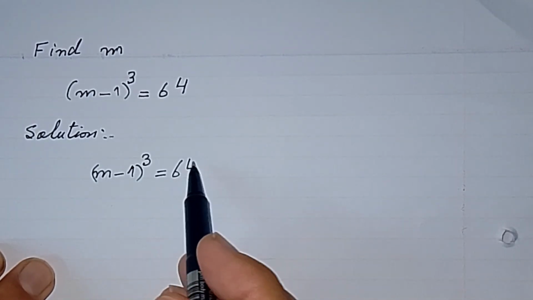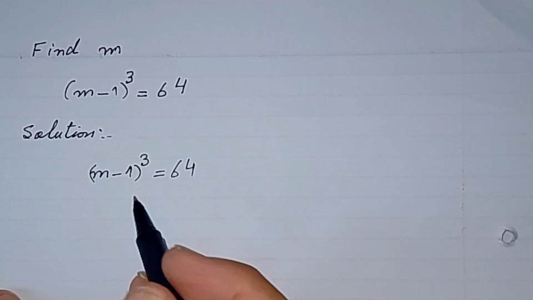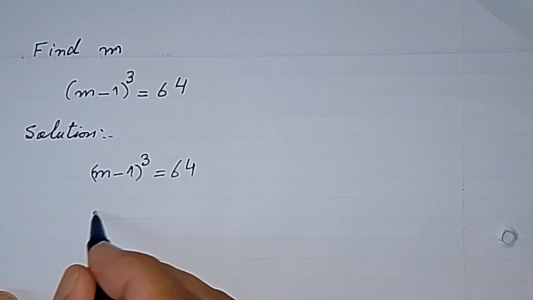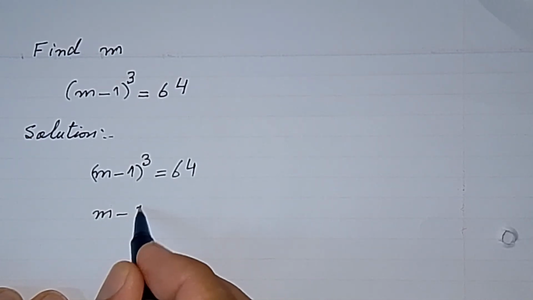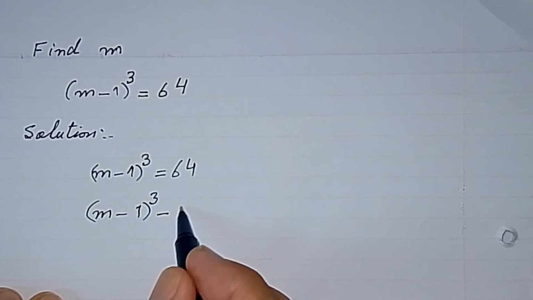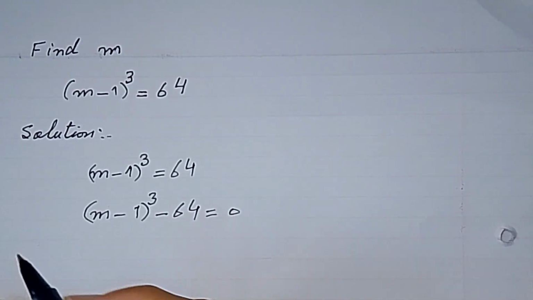Now we bring 64 to the left hand side to change it into a formula. (m minus 1) whole cube minus 64 is equal to 0.